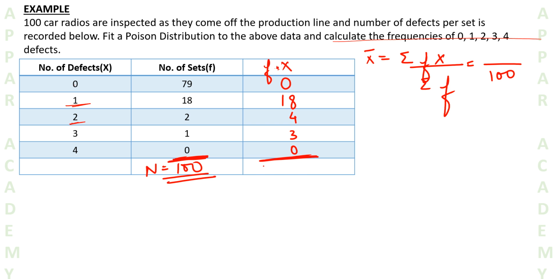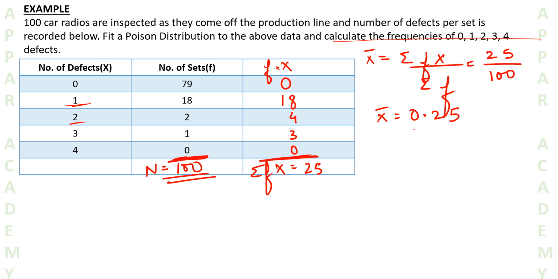When we sum this up, we will get summation fx is equal to 25, right? So we will put over here 25. So from here we can say that our mean is equal to 0.25. Now we know that our next step is to equate mean with lambda, right?